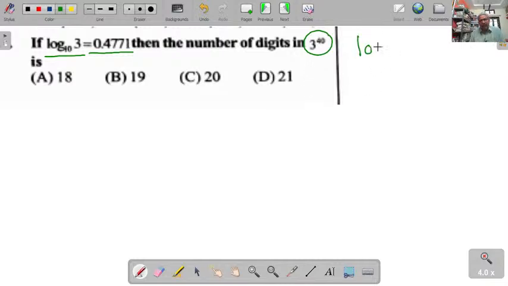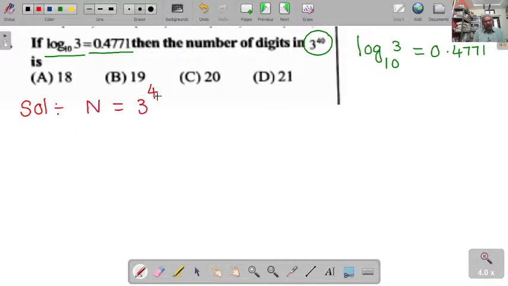What is given here? Log 3 to the base 10. This will be given in the examination, don't worry. So you need not refer to the logarithmic tables. From logarithmic tables also you can find out. So how to find out: let the number be n. So n is equal to 3 to the power of 40. Apply logarithm on both sides to the base 10.